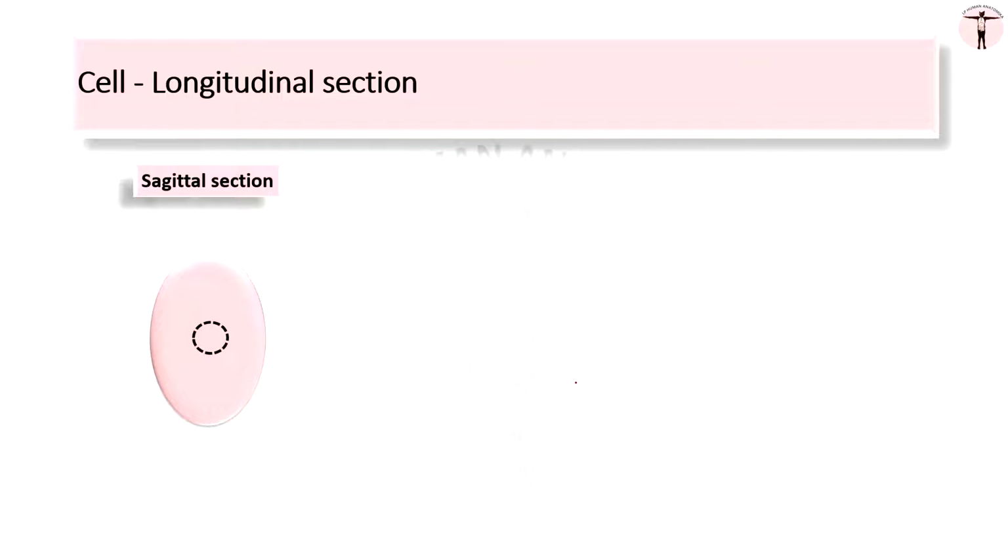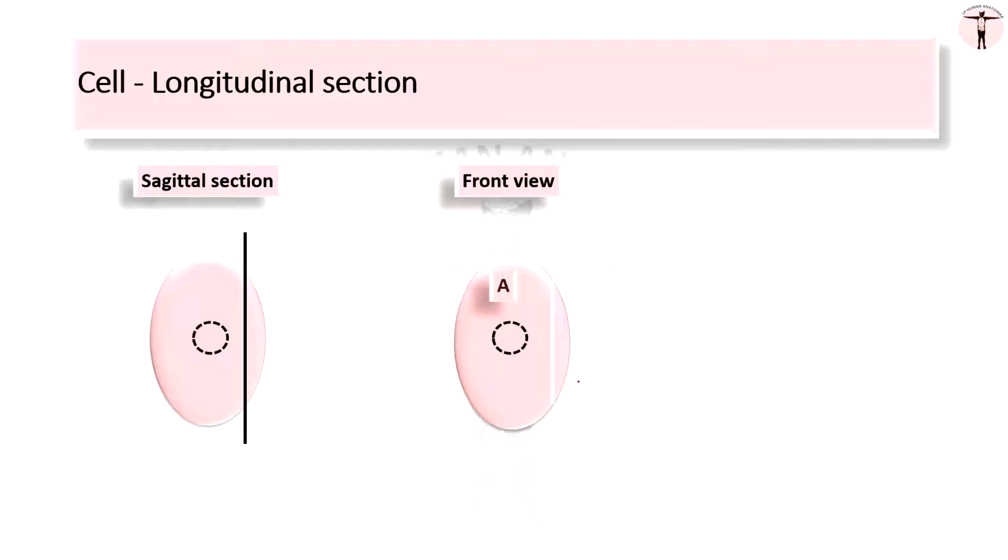When the section passes even more peripherally over the cell, you can observe the difference in size. When we observe from the front view, the part represented by A is very large compared to the other part represented by B, which is very small.